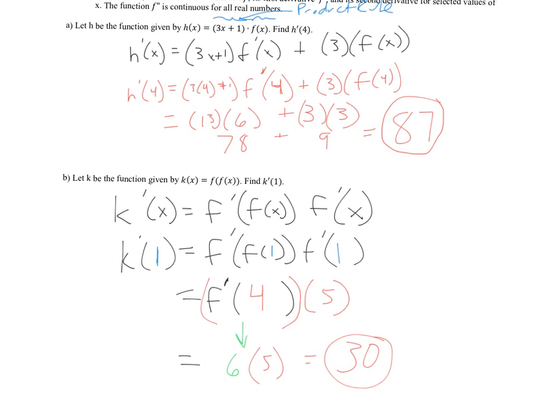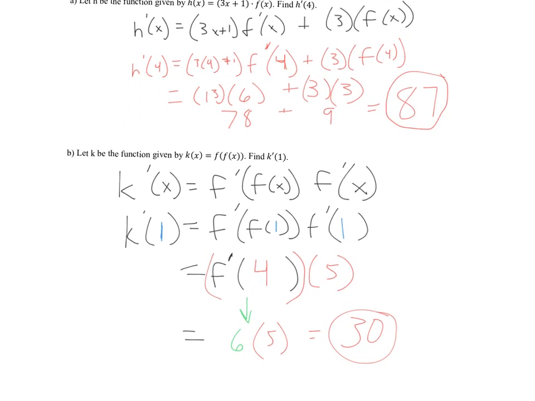For part B, this is going to be chain rule, f of f of x, okay? On some of these problems, you had f and g and h, and you've got different ones that are kind of working with each other. In this setup for this table, all I was given was just a function f of x.